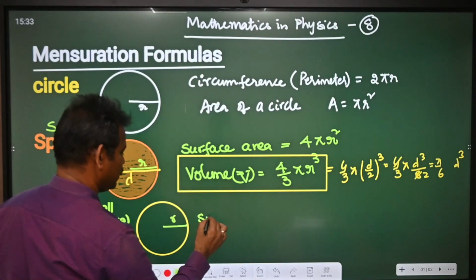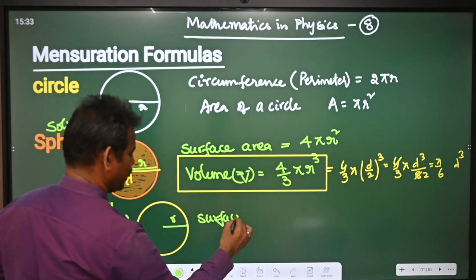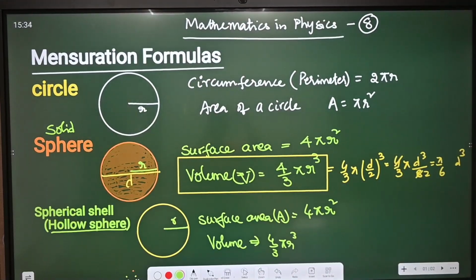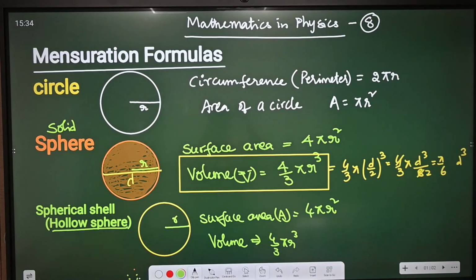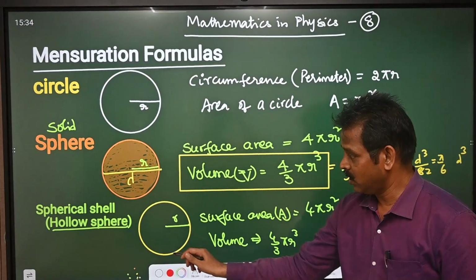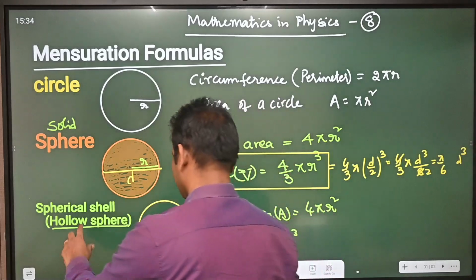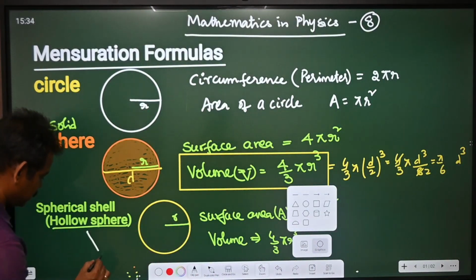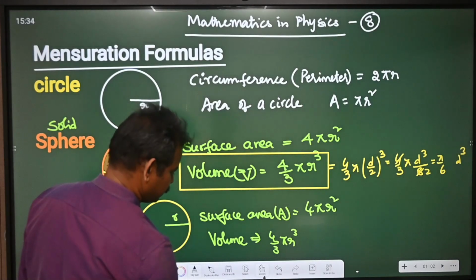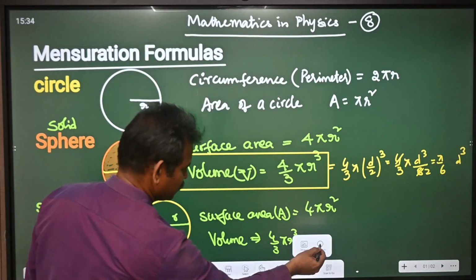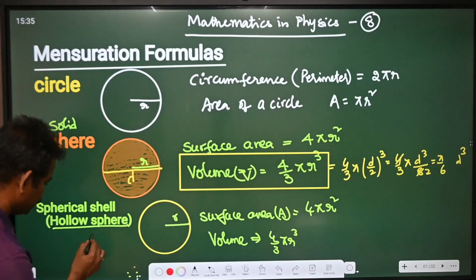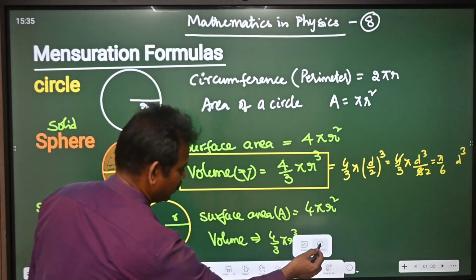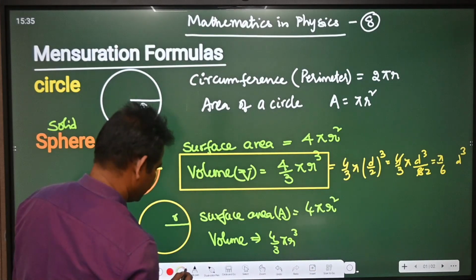Here the surface area is given by, here you take a spherical shell with the inner radius and outer radius. Let us say this is a spherical shell.